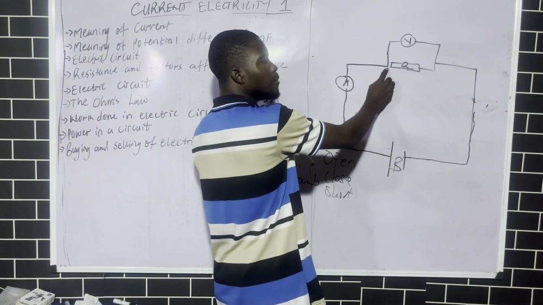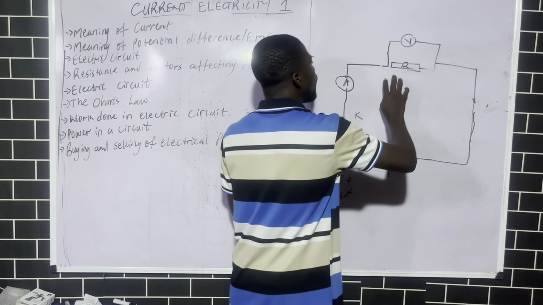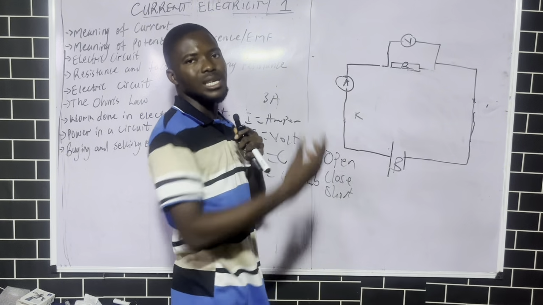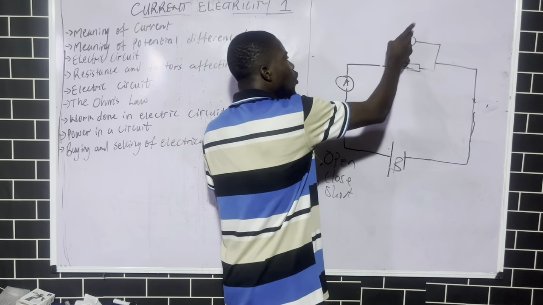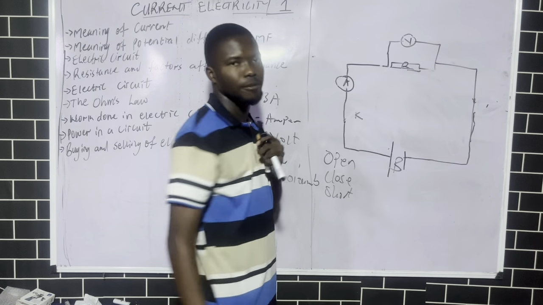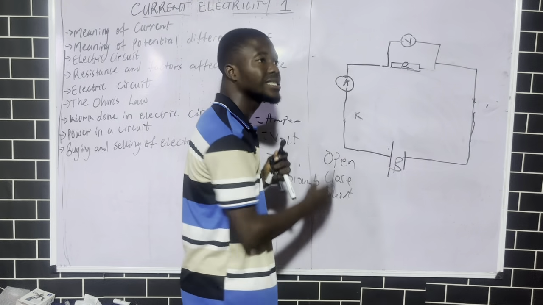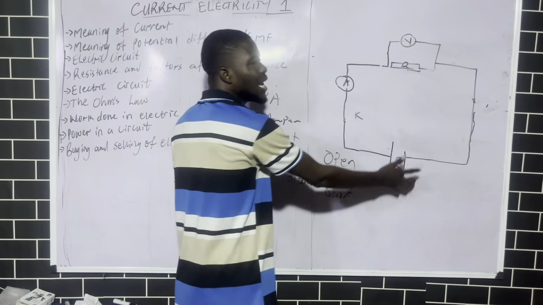But when it comes here, not all of the 10 ampere will come to the voltmeter. Some will go this way, while some will go this way. It will be divided depending on the resistance, which we are going to understand under resistance soon. So because not all of the current comes to it, the voltmeter is said to be in parallel. When the connection is not direct, it is parallel. When the connection is direct, it is series, in layman's terms. Are you getting me now? So your voltmeter should be parallel to your battery.